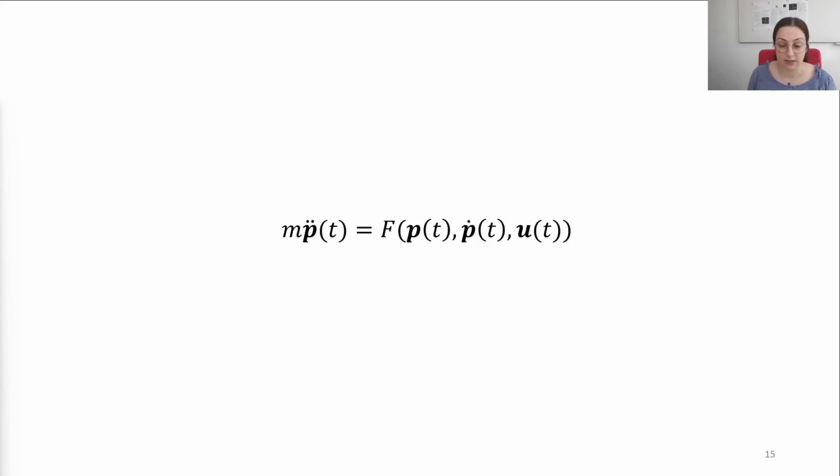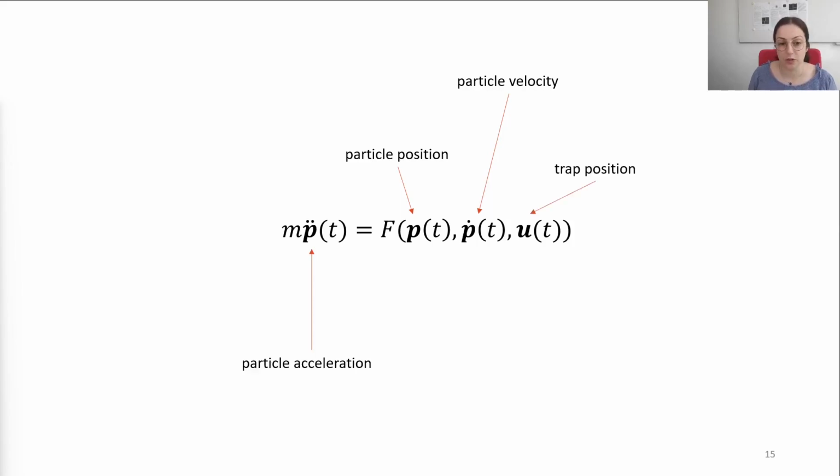The trap particle dynamics of such systems can be described by simple Newtonian mechanics, where P denotes the particle position, P dot and P dot dot the velocity and acceleration of the particle respectively. U is the control input specifying the position of the acoustic trap, M is the particle mass, and F the net force acting on the particle.